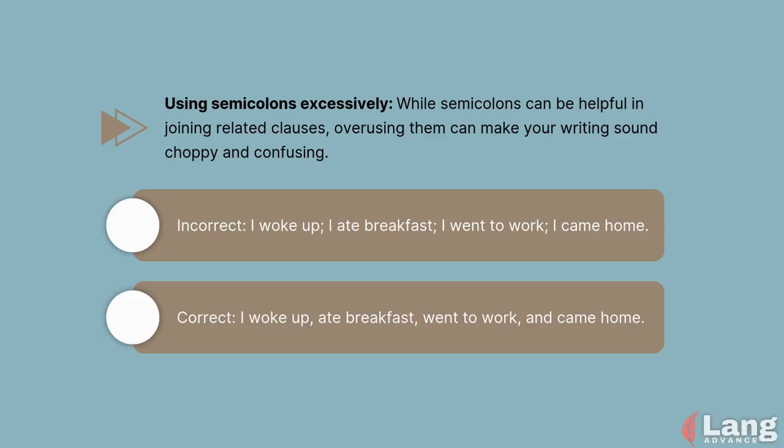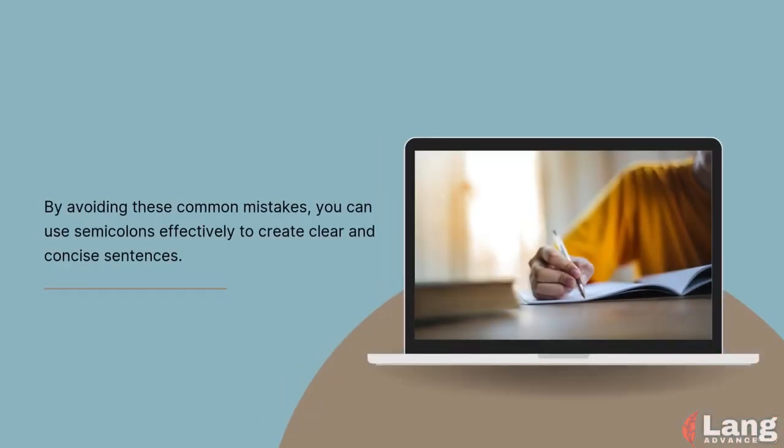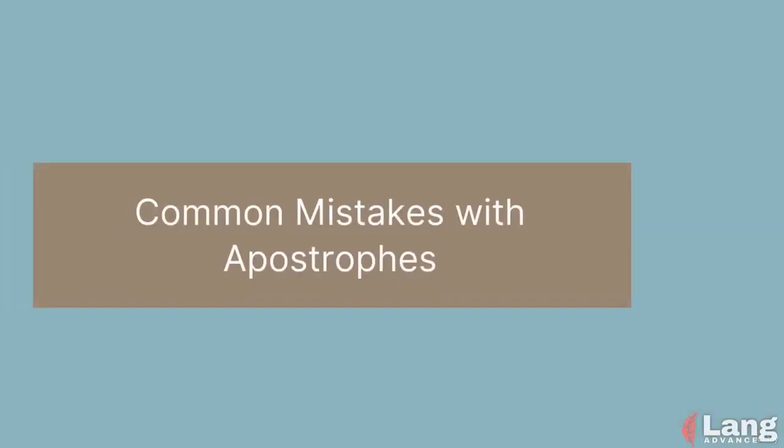So the correct form of this sentence is: I woke up, ate breakfast, went to work, and came home. By avoiding these common mistakes, you can use semicolons effectively to create clear and concise sentences. Common mistakes with apostrophes.